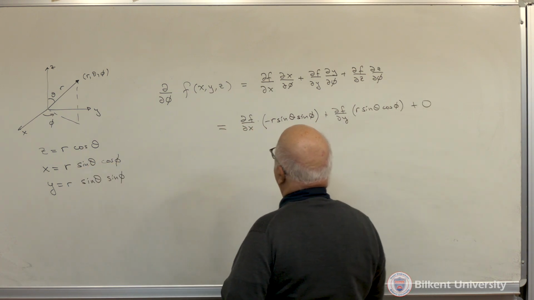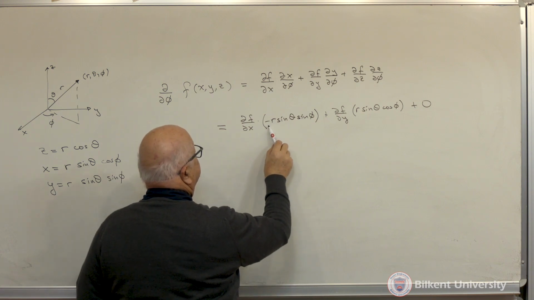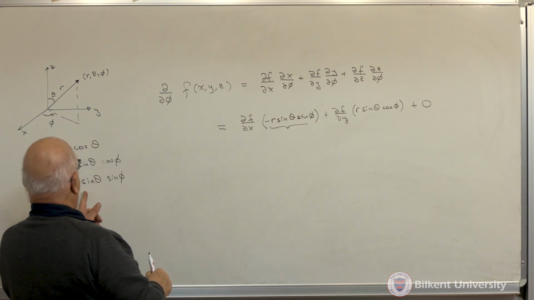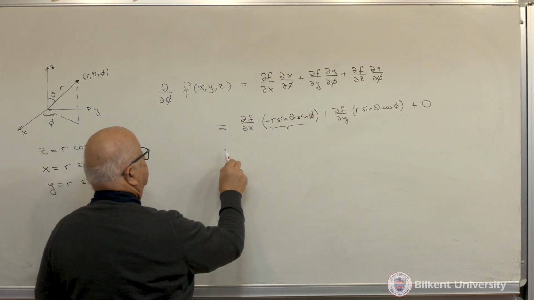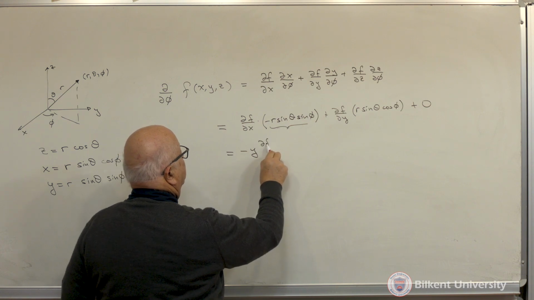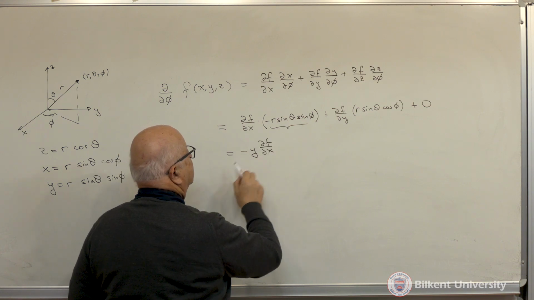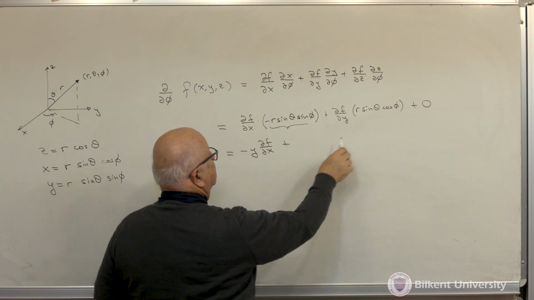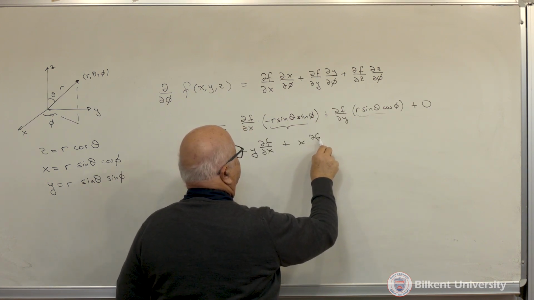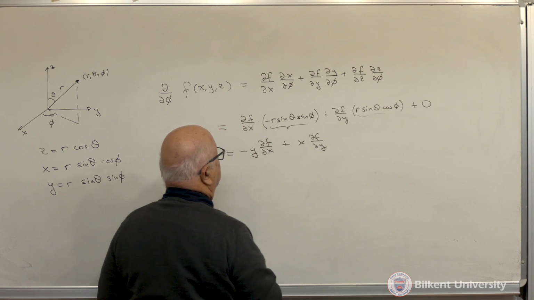Very good. But now, r sine theta sine phi is y, so this is going to be minus y del f over del x plus x, since this thing is x, times del f over del y.